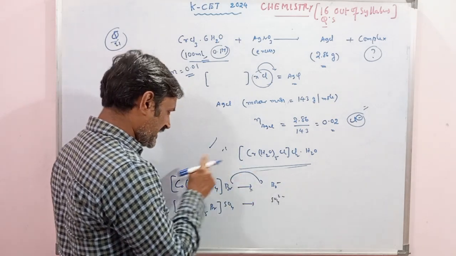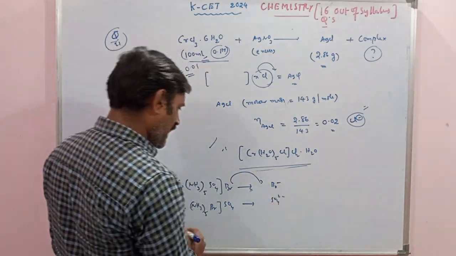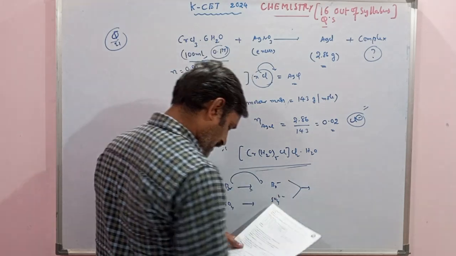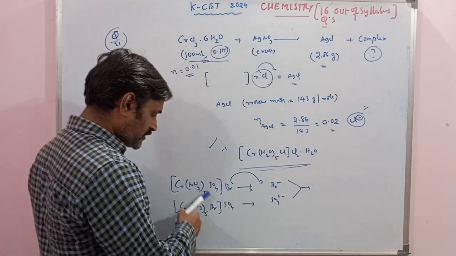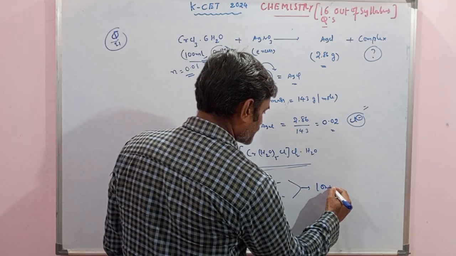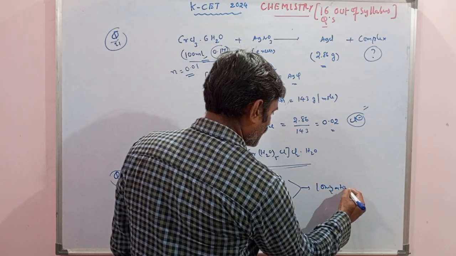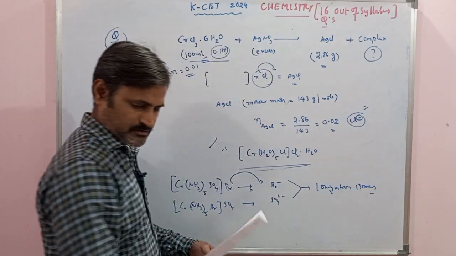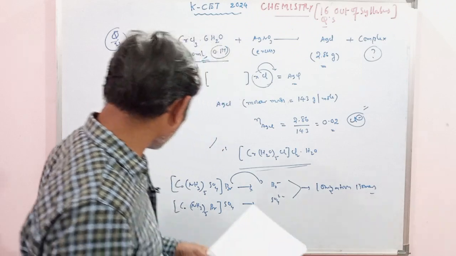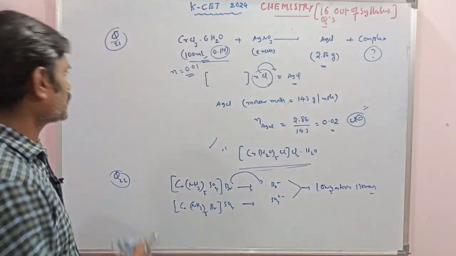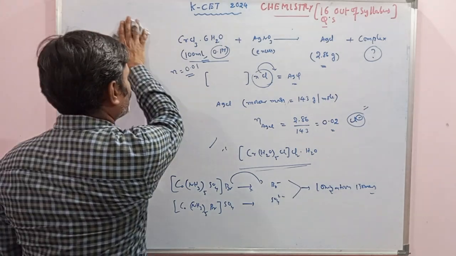It means it belongs to ionization isomerism, and these two compounds are called ionization isomers. That is the answer for this question, the fourth option is the right option. So these are questions 21 and 22.